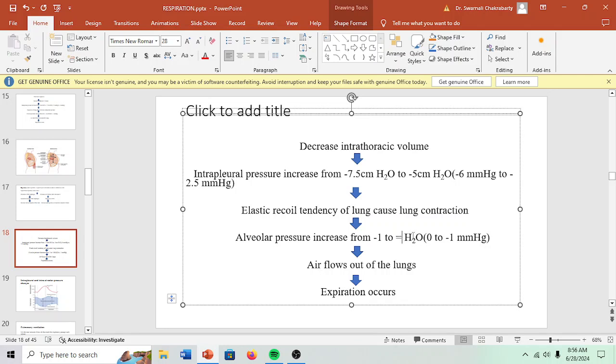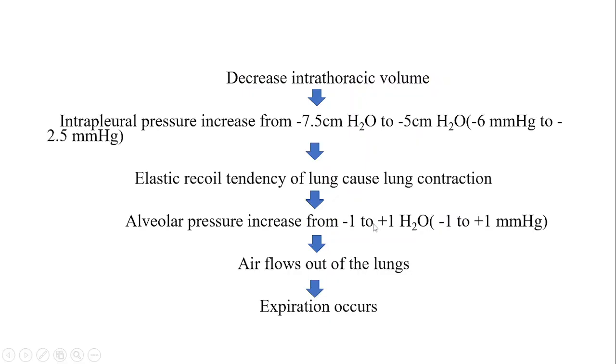There is an error. It will actually be +1. So in that condition, +1 means now the alveolar pressure is increased from the atmospheric pressure.